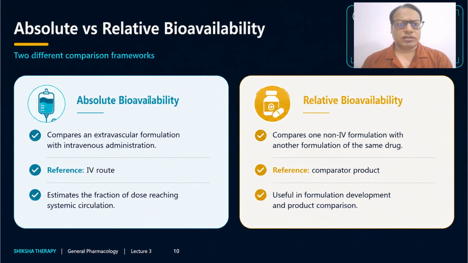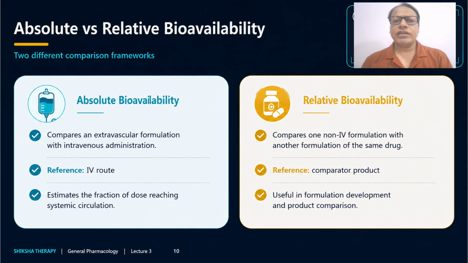And what is the difference between absolute versus relative bioavailability? Bioavailability can be classified as absolute and relative bioavailability. Absolute bioavailability compares an extravascular formulation such as an oral dosage form with intravenous administration. Because the IV route provides complete systemic availability, 100% bioavailability, it serves as the reference.